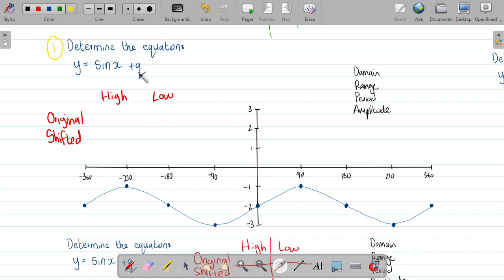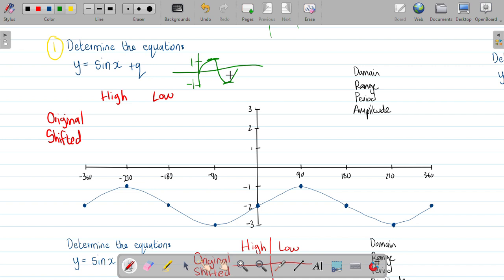So what you end up doing is once again, you need to understand and remember what a rough sine graph that's unaffected looks like. So we know that it goes more or less like that. We know that the maximum height is 1 over here. We should know that by now. And then the minimum value is going to be -1.